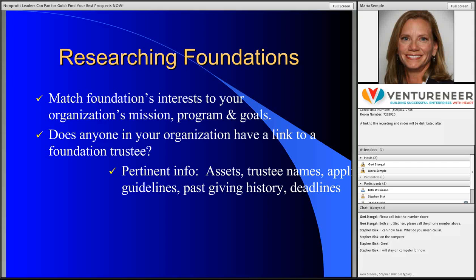Again, here are people giving to people, developing relationships. Very important to know if anybody in your organization is in any way affiliated with that corporation. Who's going to get you in the door? Who's going to make that entree so that it's not a cold proposal? It would be great if your proposal was able to get in the door. I know this is not always possible, but if there's any way that it can be warmed up through an introduction, that would be wonderful.